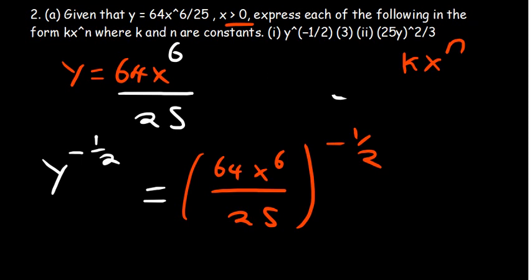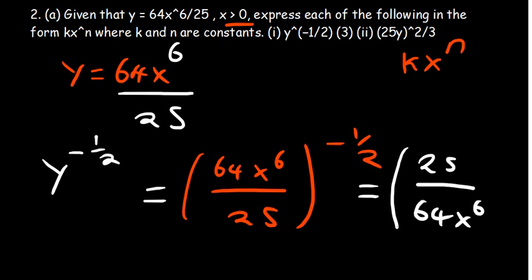When I have 6 to the power negative 1, this is the same as 1 over 6. They are equivalent. Since we have a negative power there, I can write the reciprocal and the power will become positive. So it's basically 25 over 64x to the power 6. The power will become positive now. That's the way it works. At that point, what can we do?